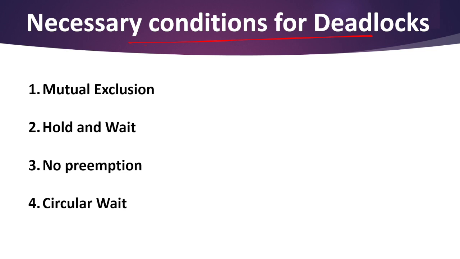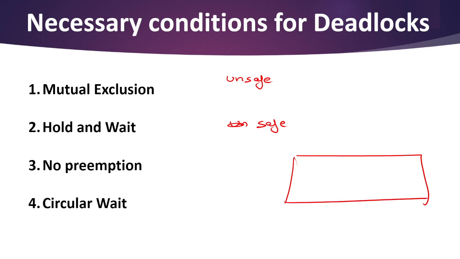Okay, one more point I would like to add here is, we have 2 terms in case of deadlock. First is safe state and another is unsafe state. Okay, so let's draw it like this. Remember one point: deadlock is always a part of unsafe state.